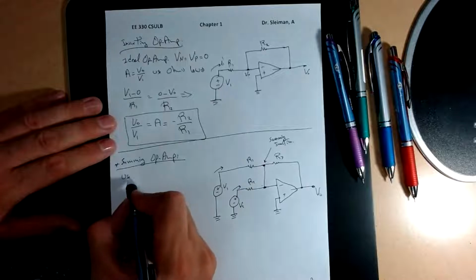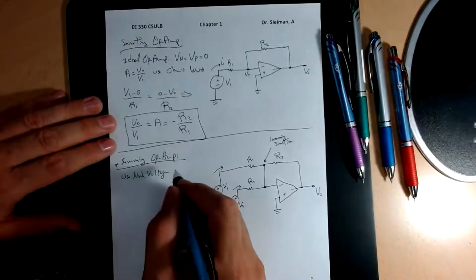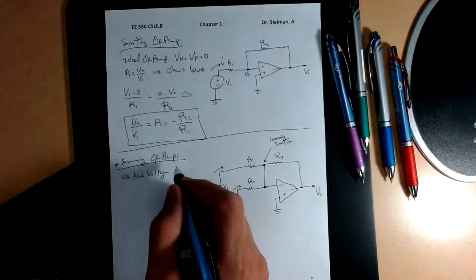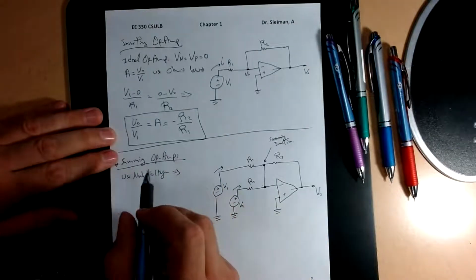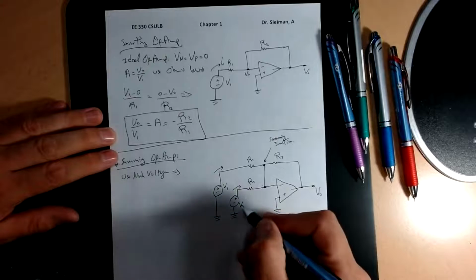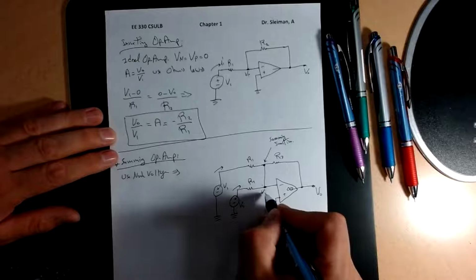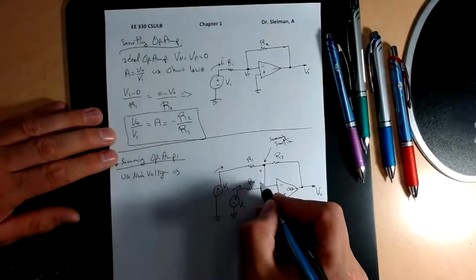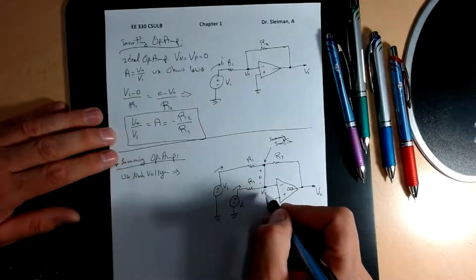We use node voltage to get the gain. So we have V1 here, V2 here. This is our op amp. Most likely this is our V0, or you can consider this is 0 voltage. Let's put it as a Vx.